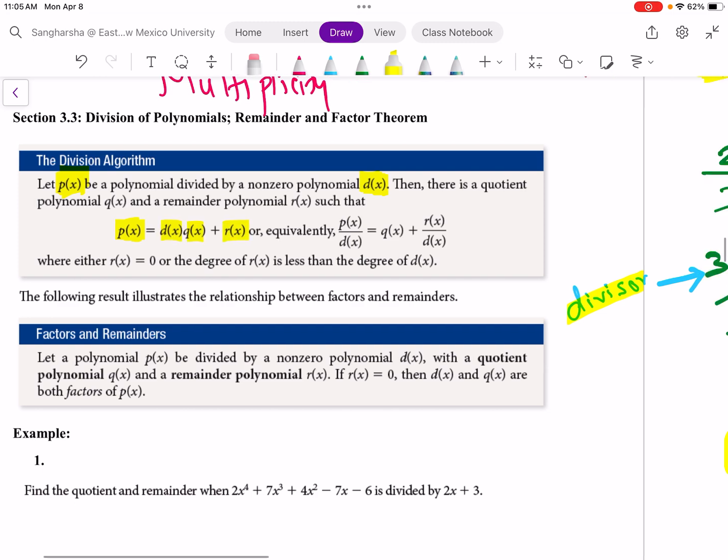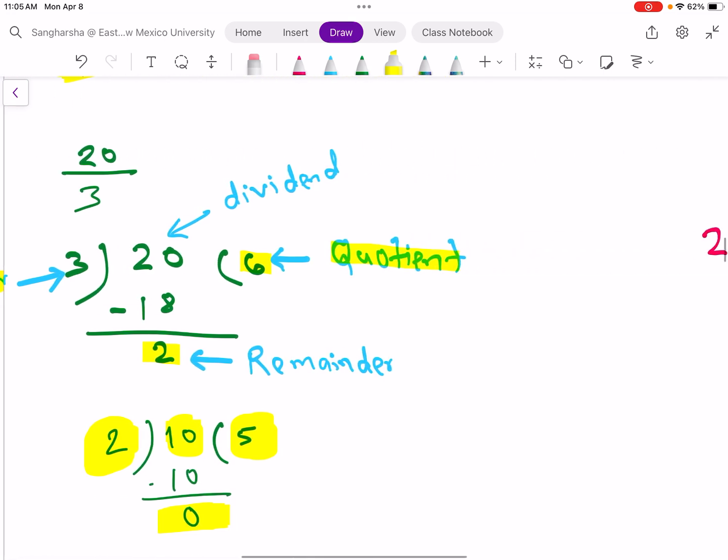In this example, 20 is the dividend, so we can write 20 equals divisor 3 times quotient 6 plus remainder 2.